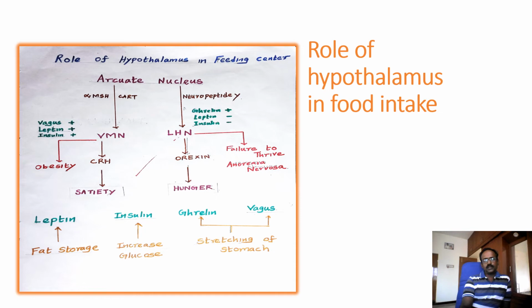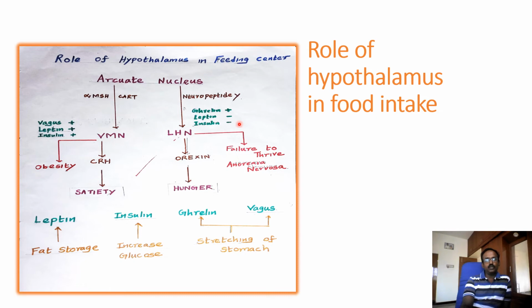This flow chart depicts the role of the hypothalamus in food intake. Here alpha melanocyte stimulating hormone and cocaine amphetamine regulated transcript inhibit food intake through the ventromedial nucleus. Here ghrelin, that is a GI hormone, stimulates the feeding center.